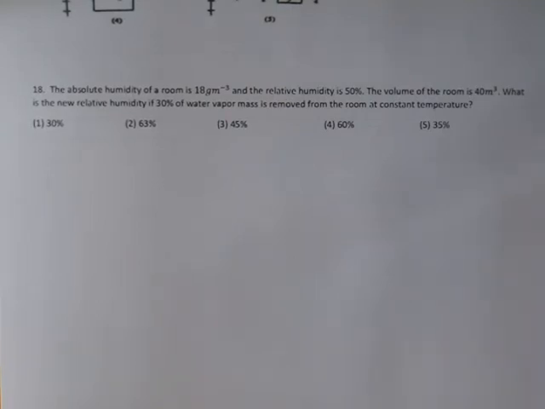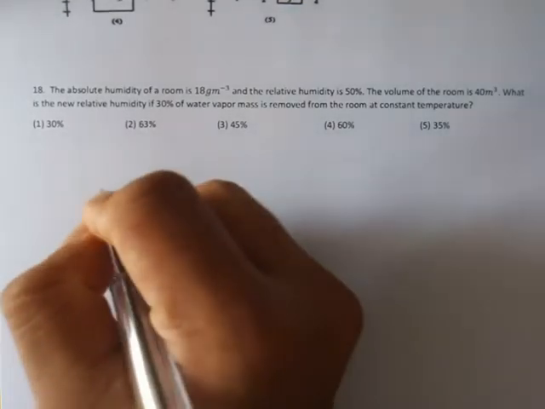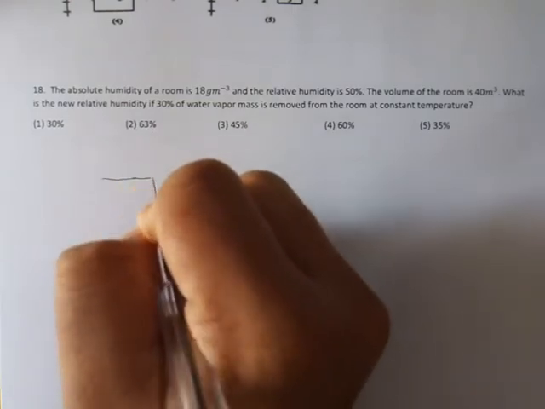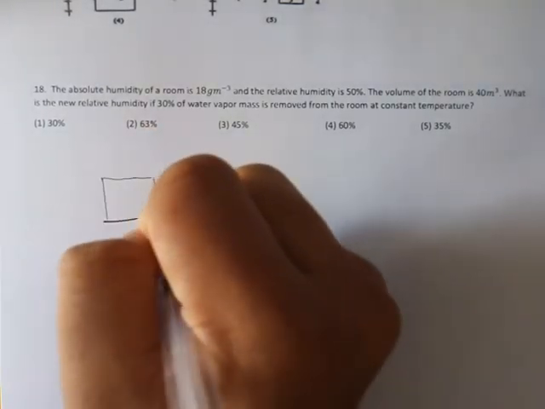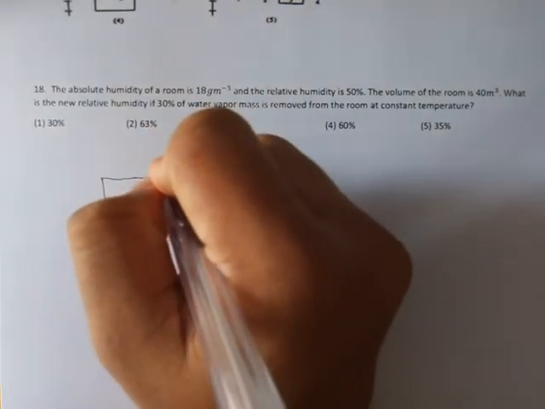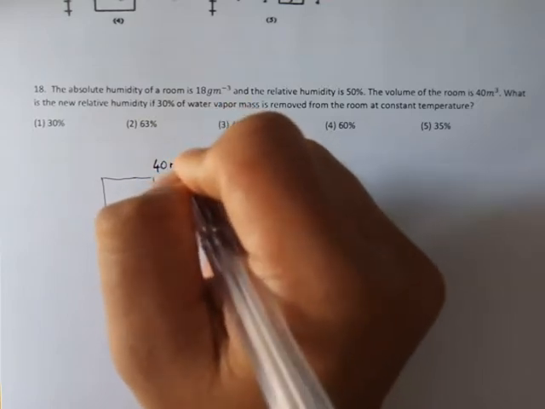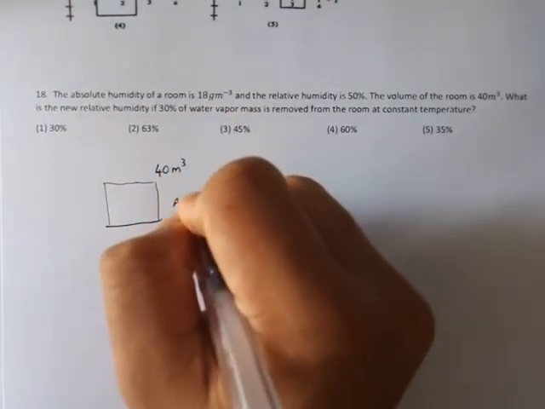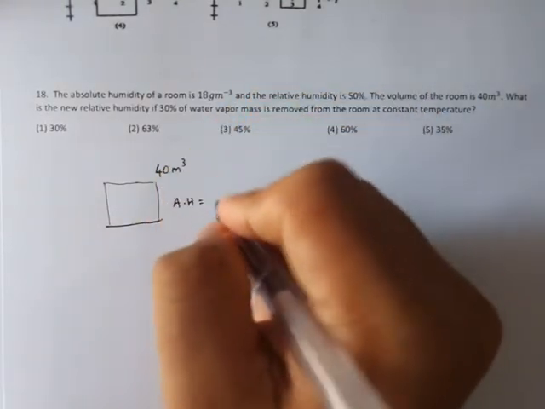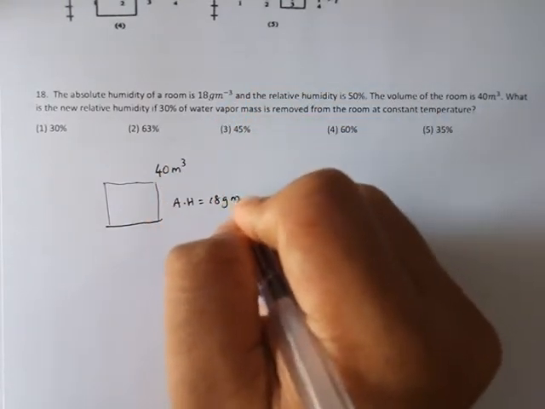Okay, so if you know the theory, this is also a normal question. So let's take my room. Okay, this is my room, which is 40 meter cube. And it says absolute humidity is 18 gram per meter cube.